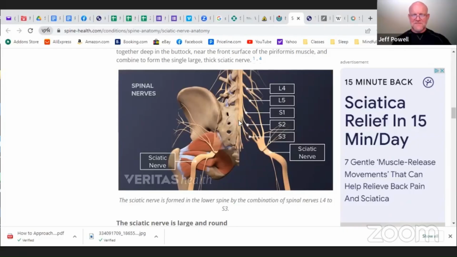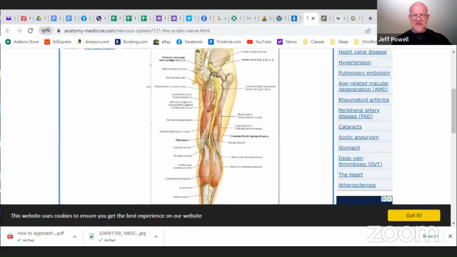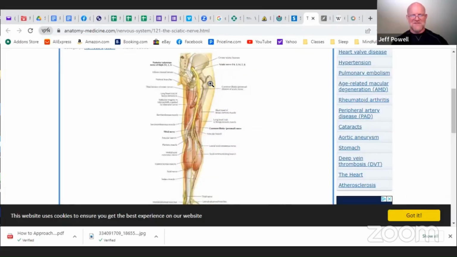I want to see how this all branches and comes together again, and then let's move on down. So the sciatic nerve, here it comes out. And right here, if you've suffered this, I'm sure you know how to spell it: piriformis syndrome. The evil piriformis syndrome.